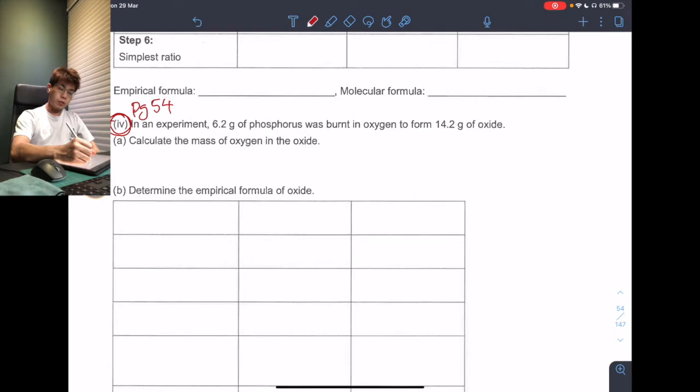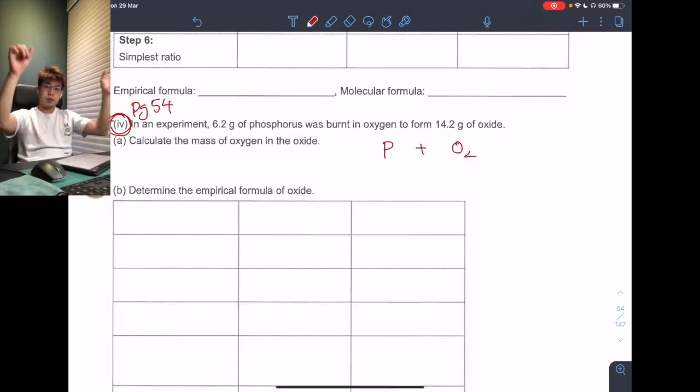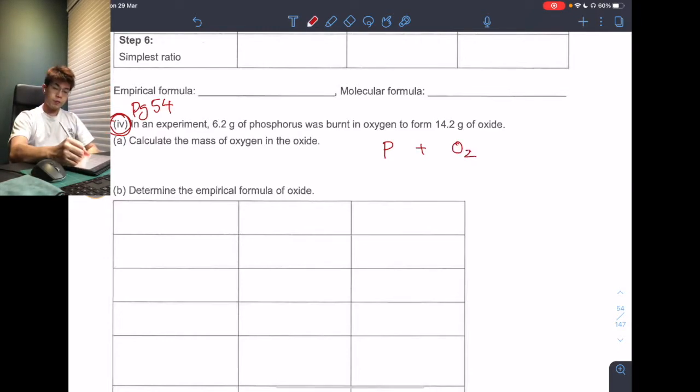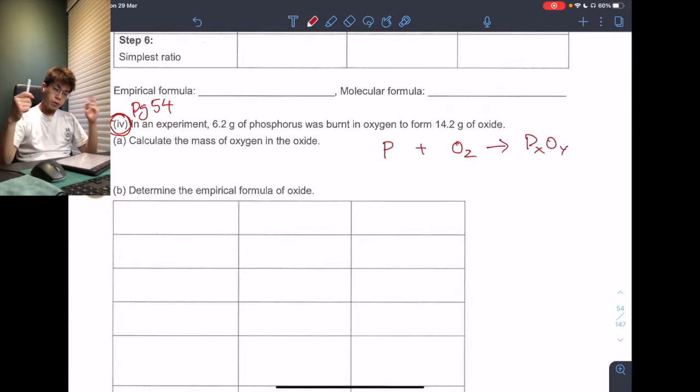So phosphorus, let's say just P, burns with all the oxygen in the air, okay? And then it forms this oxide, let's call it PxOy, because we have no idea what the formula is. So what it means is that all of this 6.2 grams of phosphorus is here.